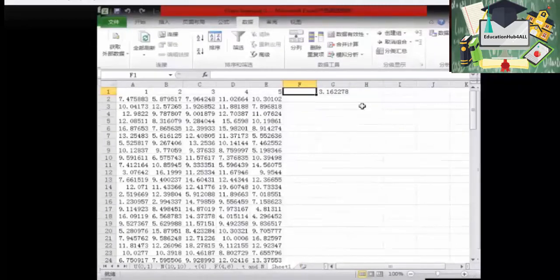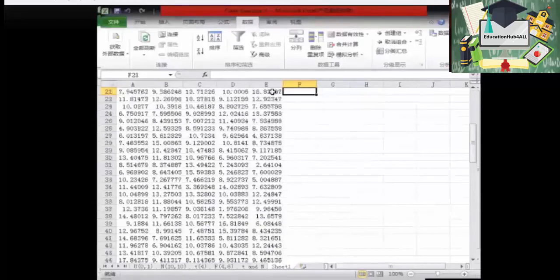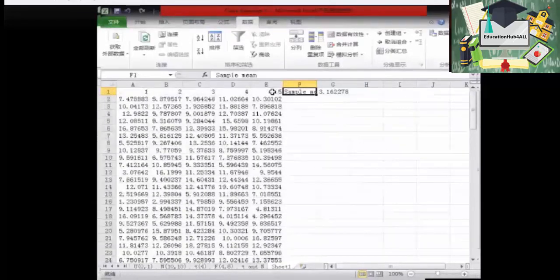This is for the data points. Let's say here we want to find the sample mean, and in this column I want to put the sample variance.